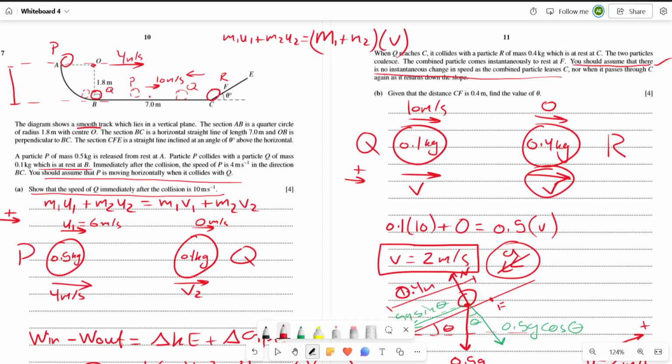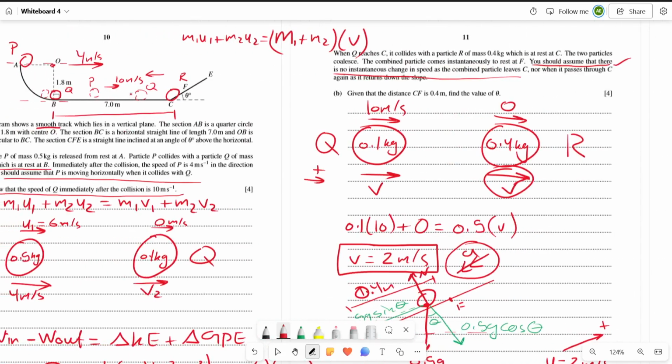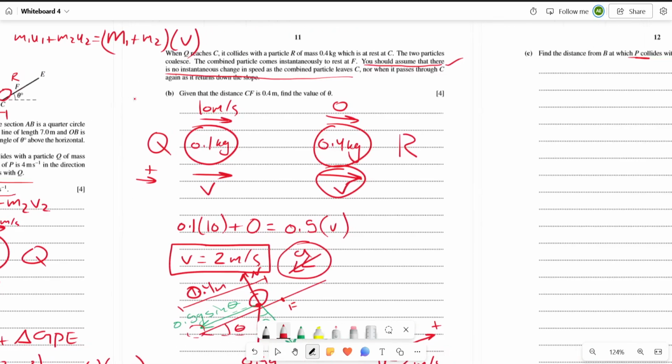So the best thing to do is to divide it into smaller parts. So what I want to know is how much time has passed since Q moved to the right, hit R, they both came up, and then they both came down to C. So now let's take the time period for this first part where Q hit R. I know that at this instant Q is moving with a constant velocity of 10 meters per second.